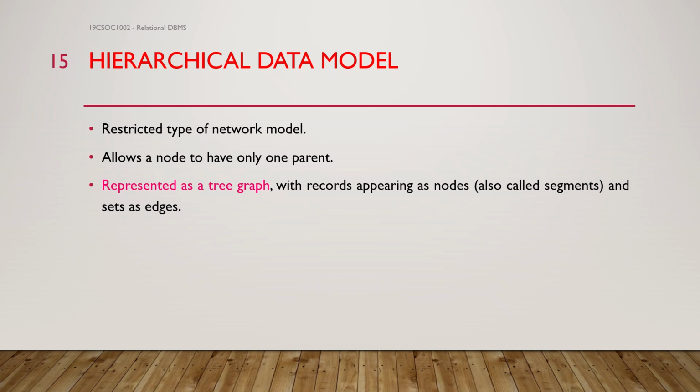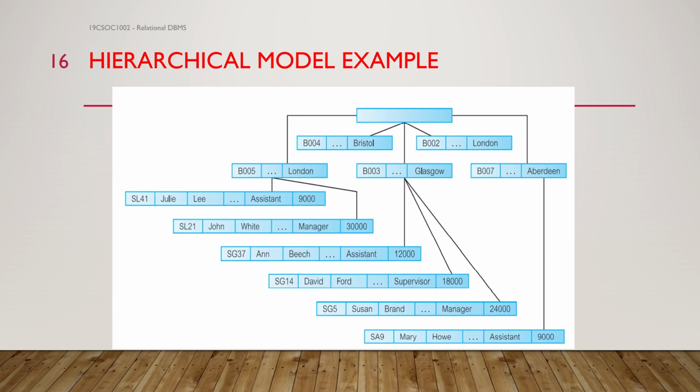The hierarchical data model is a restricted type of data model, and it allows a node to have only one parent, which means the hierarchical data model represents a parent-child relationship. We can also represent it as a tree graph structure with records appearing as nodes, also called segments, and sets as edges.